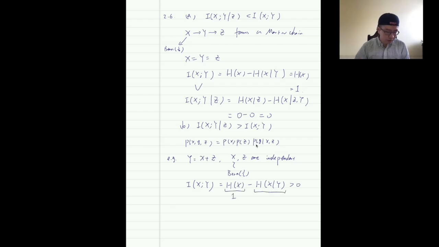In order to compute this, we have to compute the conditional distribution and the joint distribution between x and y, right? But because now we know this is a Bernoulli distribution and this is another Bernoulli distribution, then we can easily compute the probability distribution of x and y, right? You can use the convolution property, or you can just compute that brute forcefully, right?